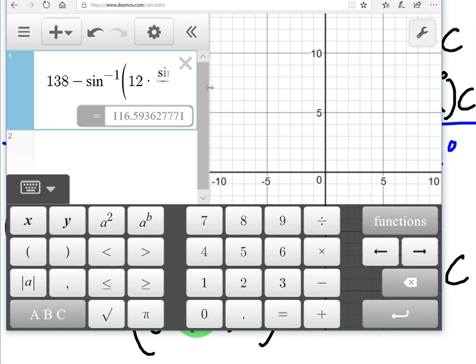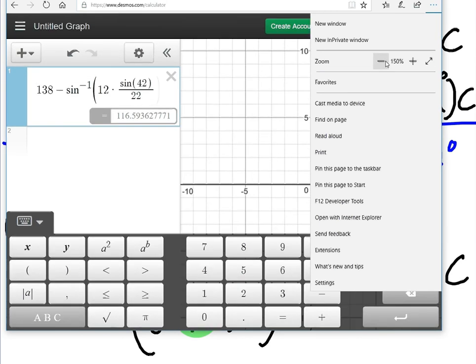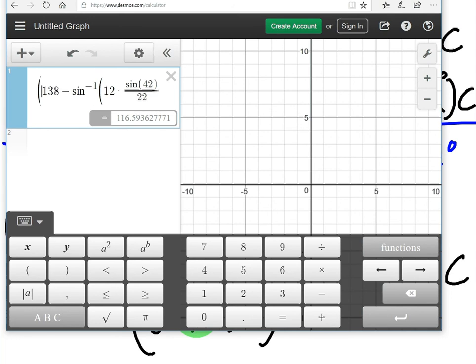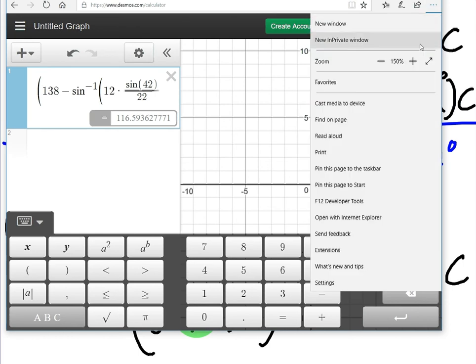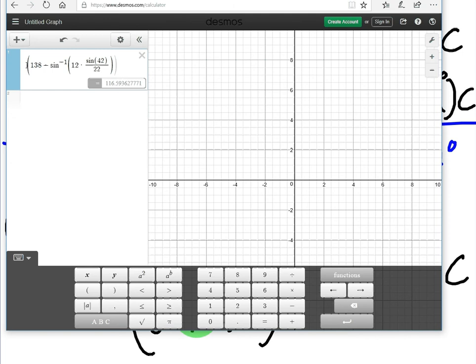The way I'm going to do that, first of all, I need to zoom out here a little bit. Okay. I'm going to put another set of parentheses in here. Again, I need to zoom out. Okay, so another set of parentheses out there.